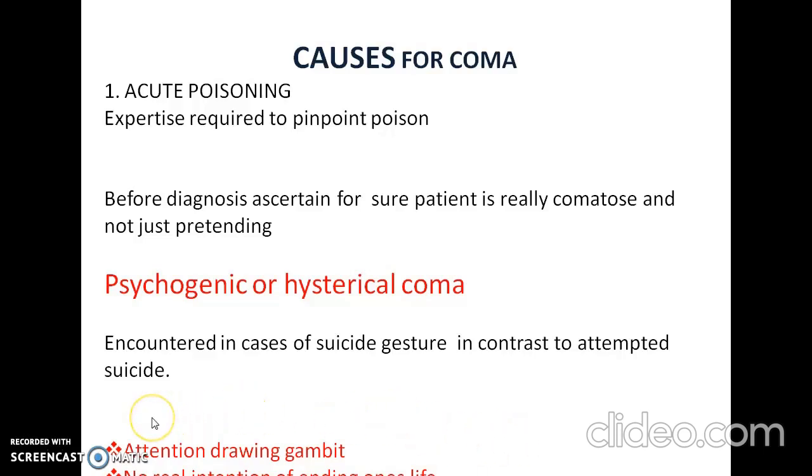Many people want to get attention from others, so they may show some suicidal gesture, but they don't want to end their life. Their intention is just to grab attention. They never want to end their life.